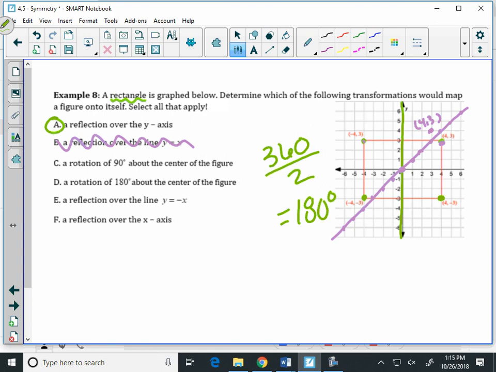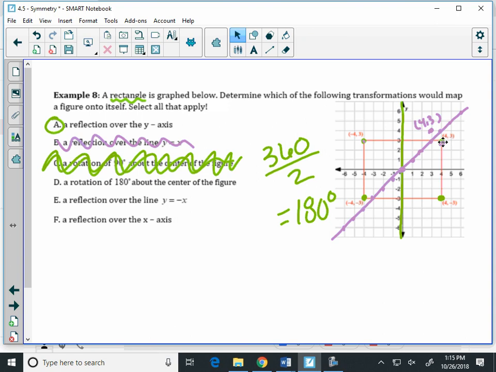So this is just a fact you're going to have to remember. All rectangles have rotational symmetry of 180 degrees. Well, 90 is less than 180, so that's not going to work. If we rotate at 90 degrees, it's not going to map up onto itself. But D works. D is a rotation of 180 degrees about the center of the figure, so that is going to be an answer.